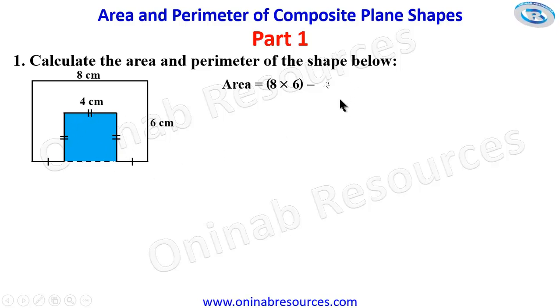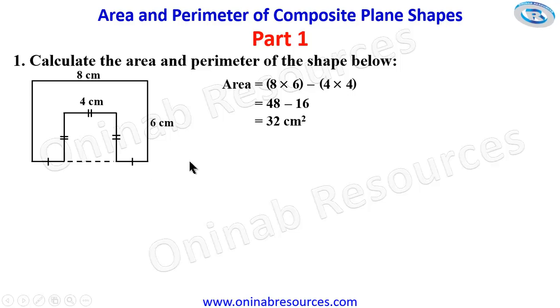So we have 4 times 4, which is the formula for finding the area of a square. Then we simplify. 8 times 6 gives 48 minus 16, since 4 times 4 gives 16. 48 minus 16 gives 32 square centimeters, representing the area of this shape.